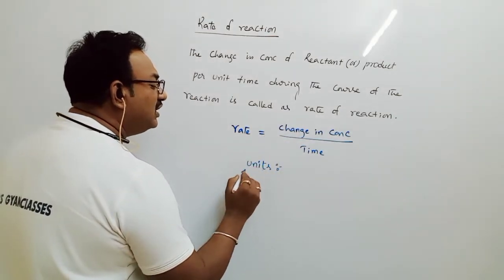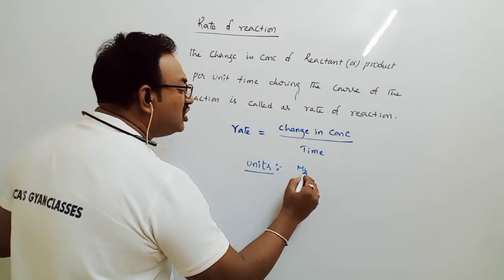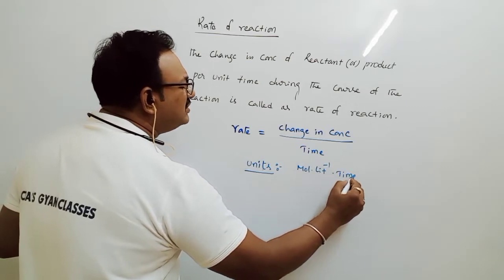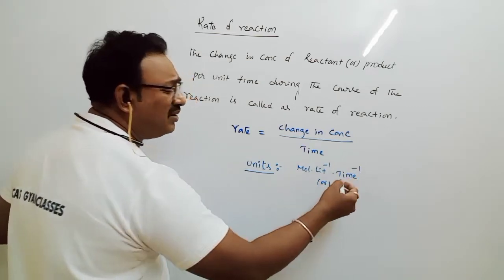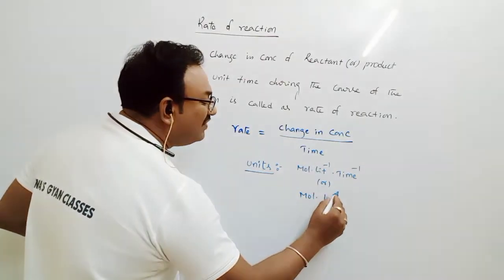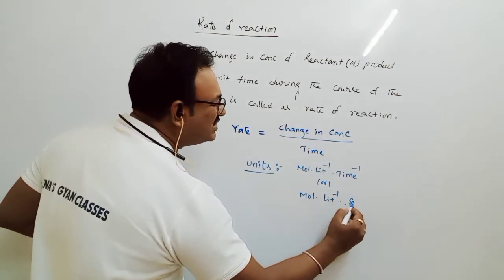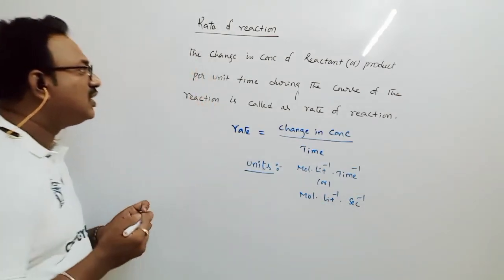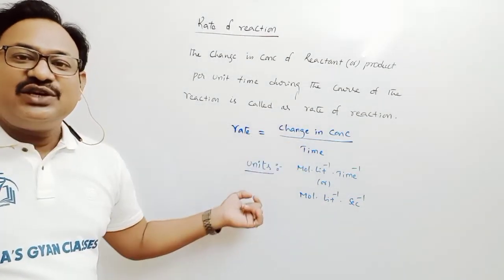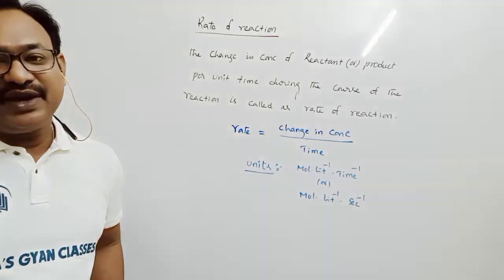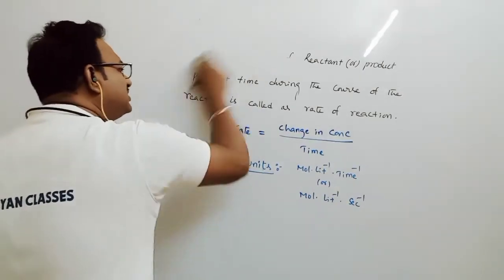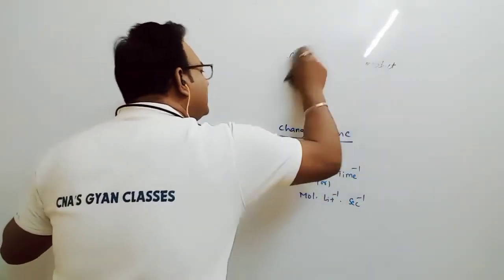Change in concentration is always expressed in mole per liter, into time inverse. Or if you want to take basic time units, mole, liter inverse and second inverse. Okay. So rate of reaction can be defined like this: change in concentration by time, and these are the units of rate of reaction. And one more important point: for gaseous phase reactions, all of you listen carefully.